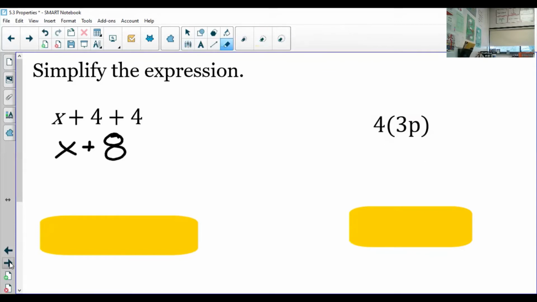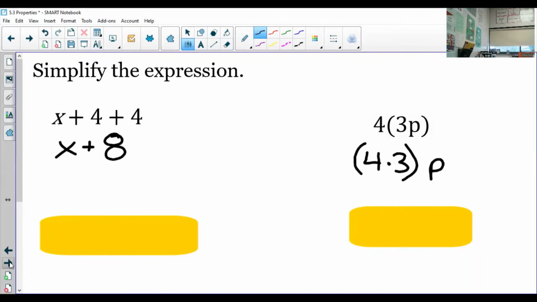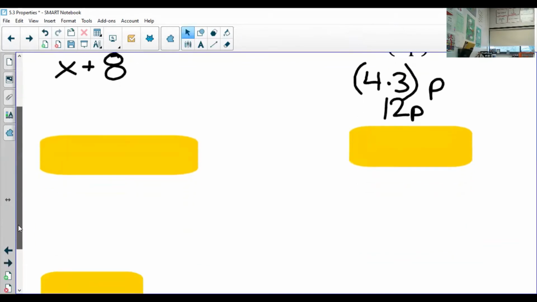So associative property says that when I'm multiplying, I can move the parentheses over. So what if I just move them over? Is this the same thing? What's 4 times 3? 12. And then times p. And we cannot get it any smaller than that, so that's the answer. Let's look at another one.